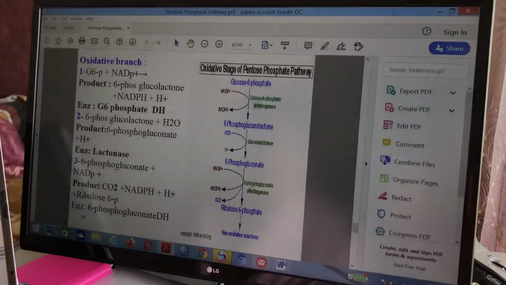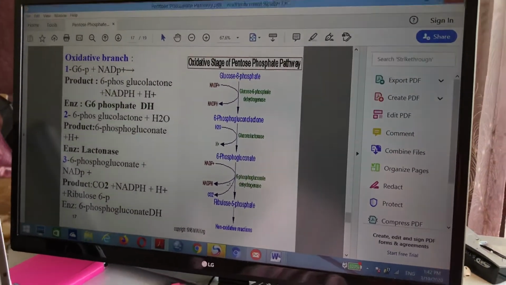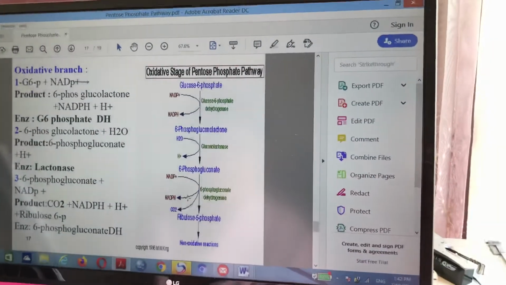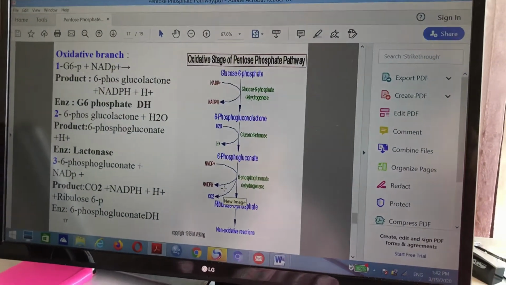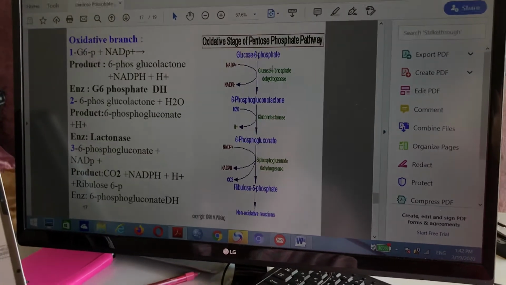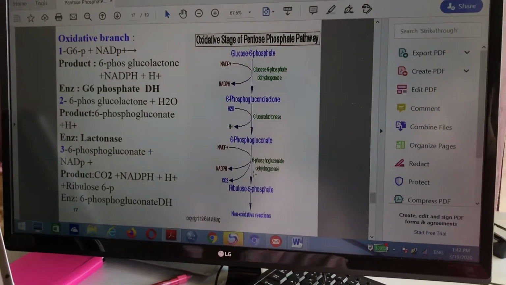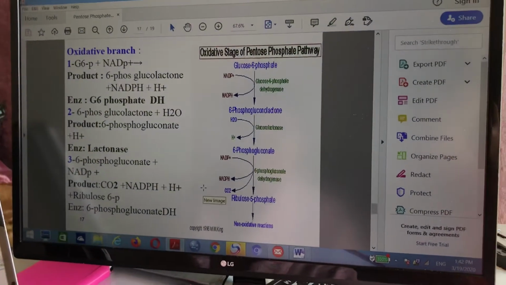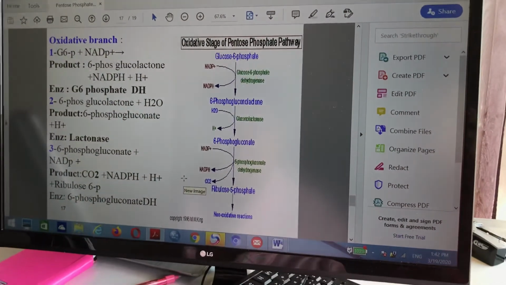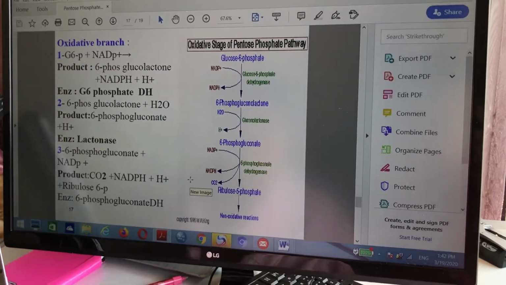This reaction needs NADP and liberates NADPH. The first step and the third step are considered the rate-limiting step reactions.